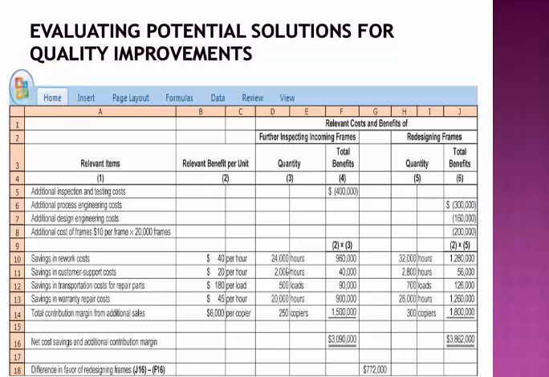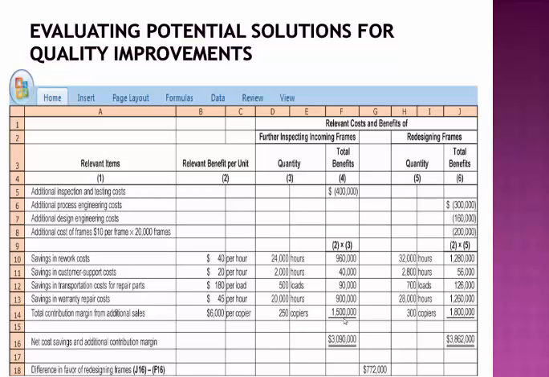24,000 hours at $40 an hour, 2,000 hours at $20 an hour, 500 loads at $180, 20,000 hours at $45 per hour. If we add all these up, this is quite a bit of money here that is going to be positive. In other words, we're going to shave this back off.